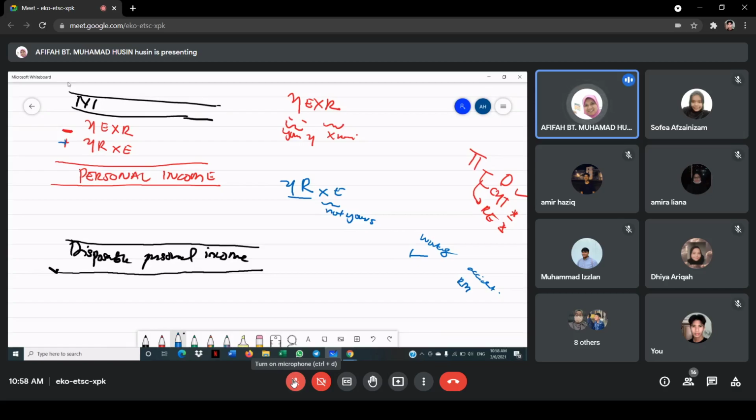So you will get SOCSO compensation, a payment from SOCSO, let's say RM50k because you cannot work for 3 months. So you just started work 1 day. Is this your money? No. Are you with me, class? So income received but not your money. So you have to plus it.